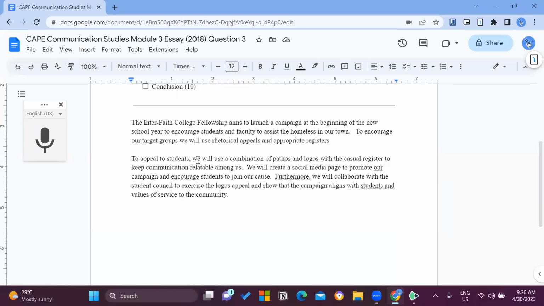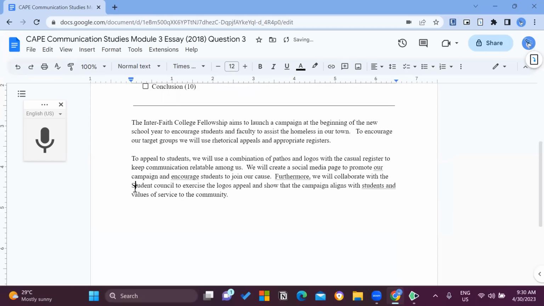So to appeal to students, we will use a combination of pathos and logos with the casual register to keep communication relatable among us. We will create a social media page to promote our campaign and encourage students to join our cause. Furthermore, we will collaborate with the student council.